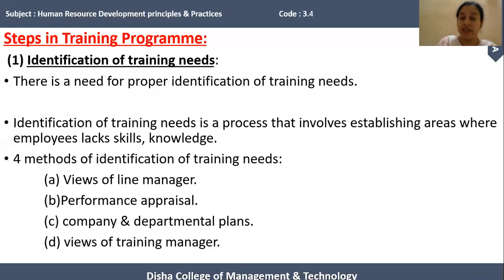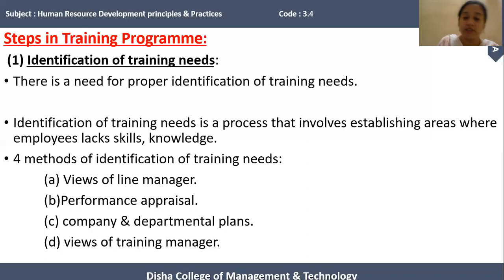If the person is not able to meet the standards, or is below the standard level, then the organization considers that the person has some skill deficiencies. For that reason, the organization arranges a training program for those human resources.